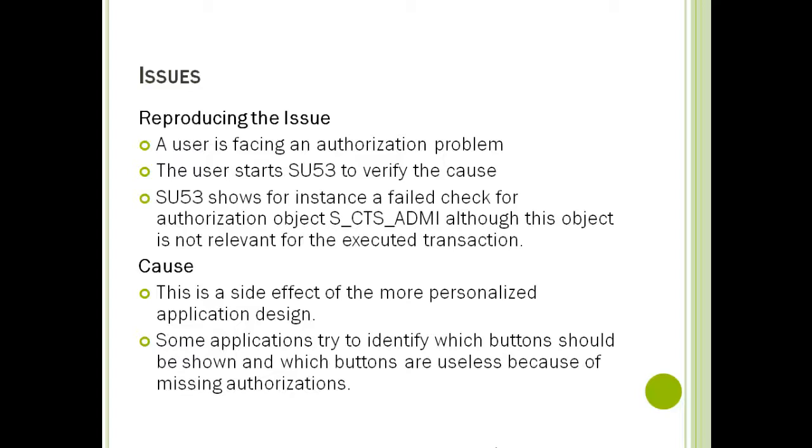If we did not define the checking logic of the specific buttons properly, you will get this as an authorization error. In these types of cases, where you are not able to identify that this is not the actual authorization object you may be looking for, you can do a trace.